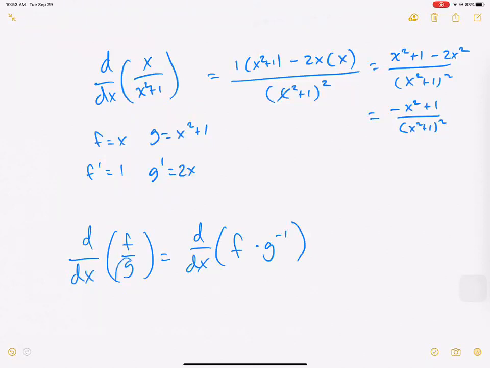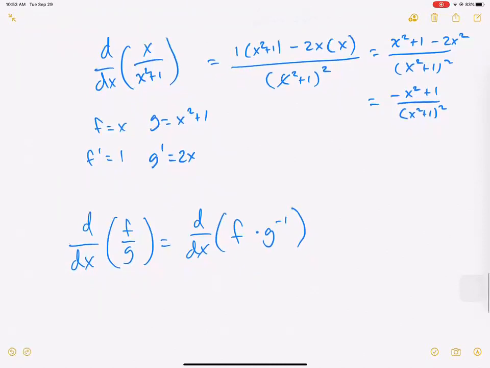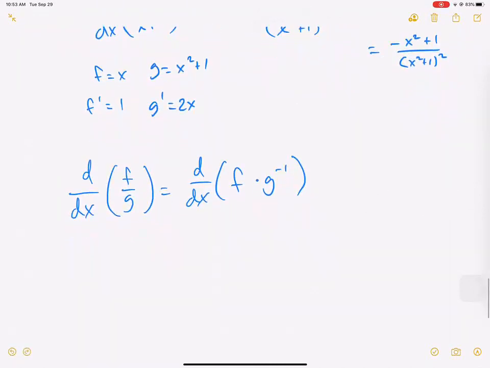Remember how we write things on the denominator on top of the negative exponent? Okay. There's also one rule that I haven't taught you yet, but I'm going to just plug it in right now, okay? And it's called chain rule.